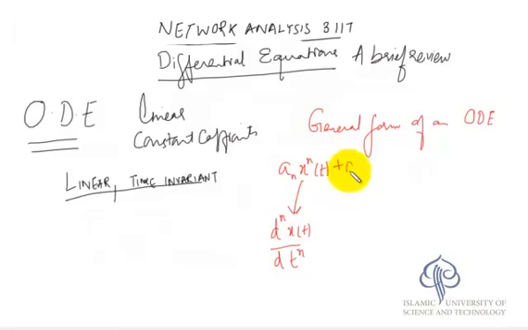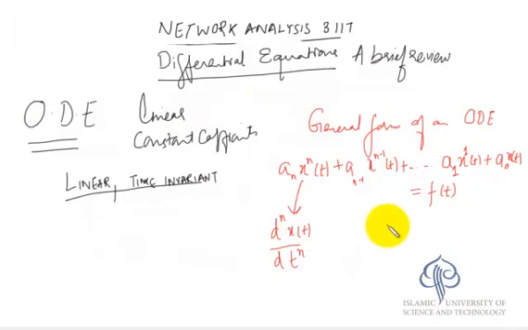Plus a_(n-1) x^(n-1)(t) plus so on. It will continue up to the first differential, and then the constant term a_0 multiplied by x(t) equal to f(t). So this is the general form of an ordinary differential equation which is linear.